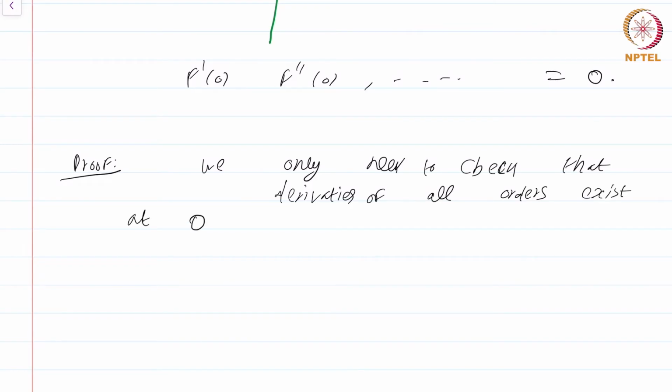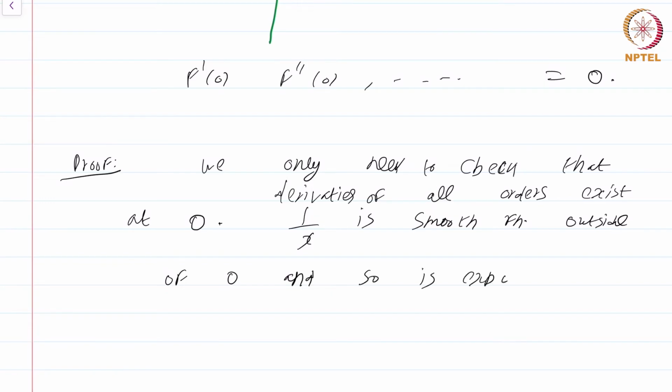The reason is that 1 by x is a smooth function outside of 0, and so is exponential. Let me just write 1 by t, or rather in our case minus 1 by t, and so is exponential.